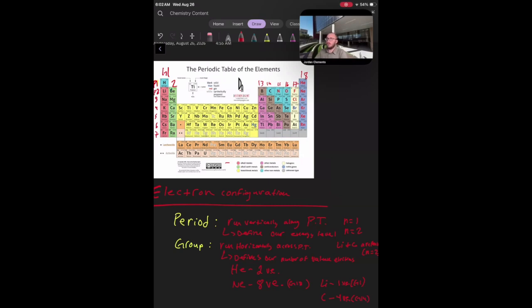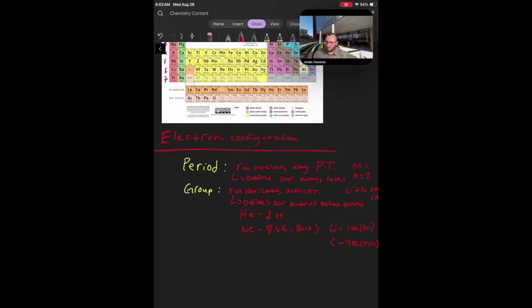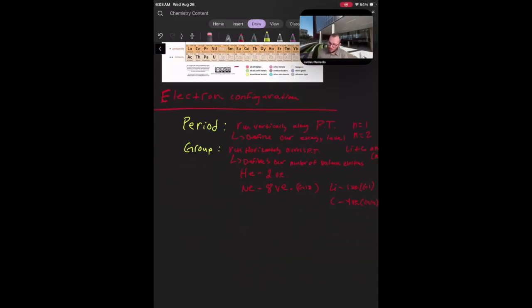And so let's look at defining from these energy levels, kind of breaking them up into subshells and orbitals. So let's look at our subshells. We have different types of subshells.